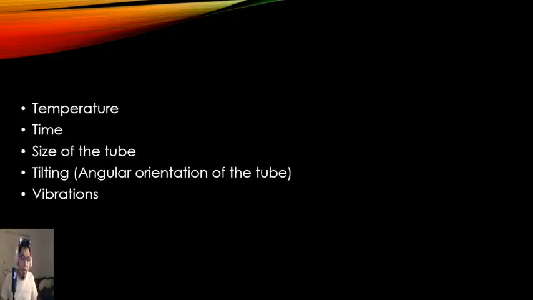A, blah blah. B, blah blah. C, blah blah. And then lastly is putting the ESR or the Westergren rack on top of a refrigerator. Obviously, the correct answer is putting the Westergren rack on top of the refrigerator. Why? Because the refrigerator is actively vibrating all the time.